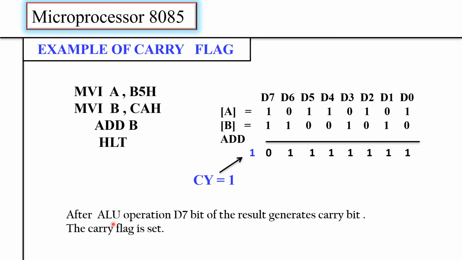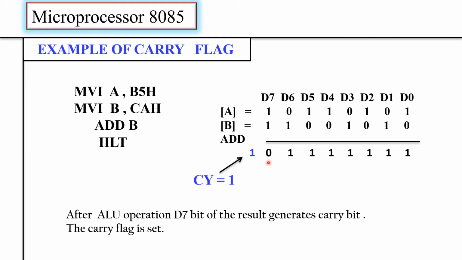to 1. After the ALU operation, this addition takes place in the ALU, that is the arithmetic logic unit. We have seen the block diagram, and at that time we saw there is a binary adder. In the binary adder this addition takes place and the data is stored in the accumulator. The D7 bit of the result generates a carry bit and therefore the carry flag is set.